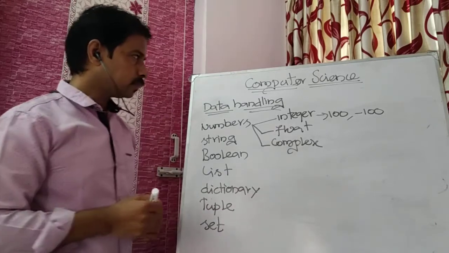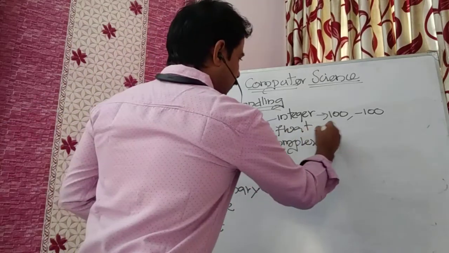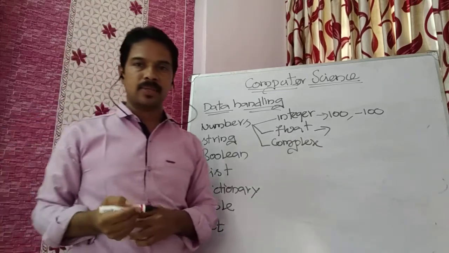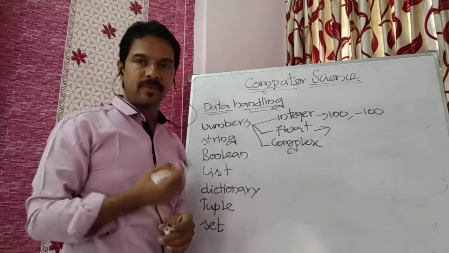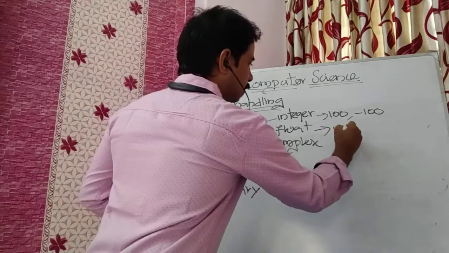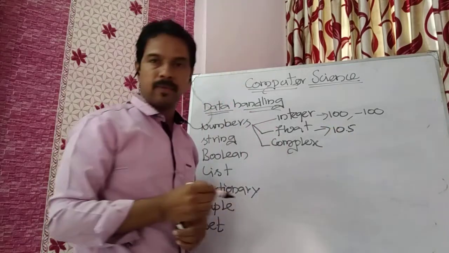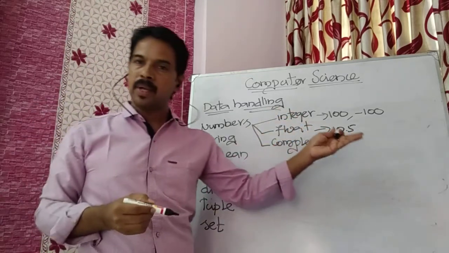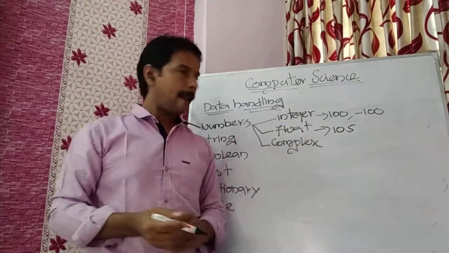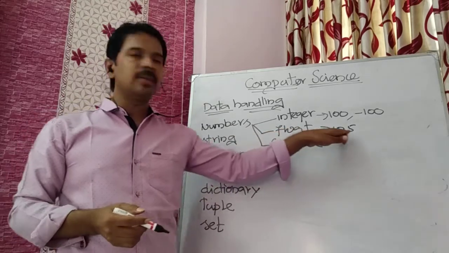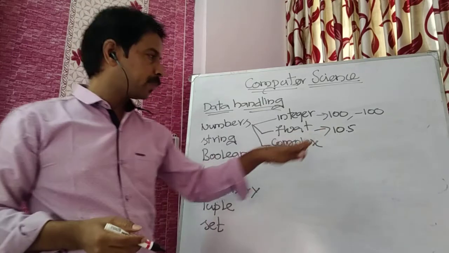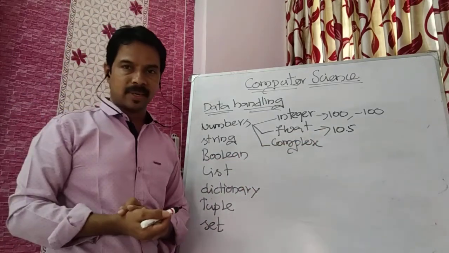Fine. In the same way, float means real numbers. Real number in the sense what? Even decimal places will come. For example, 10.5 is a sample. In the same way, minus 10.5 is possible. See, float means with the decimal place only we are calling it a float. What is a complex number?